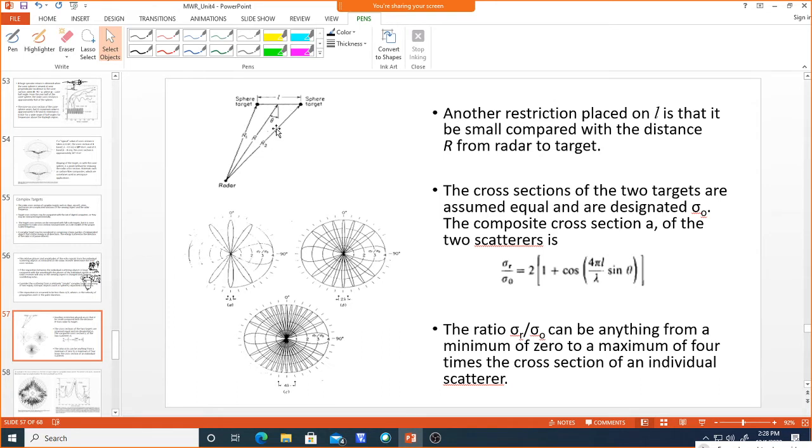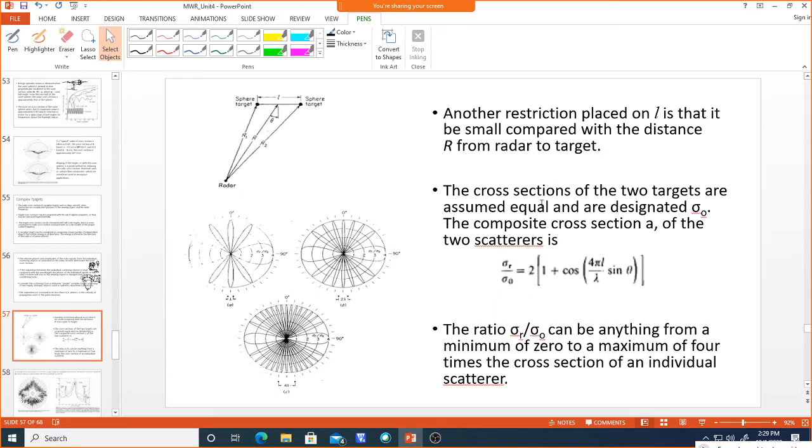If the separation, with respect to lambda, goes on increasing, you can see how the polar plot varies. This is sigma r by sigma naught, which is given by this equation.